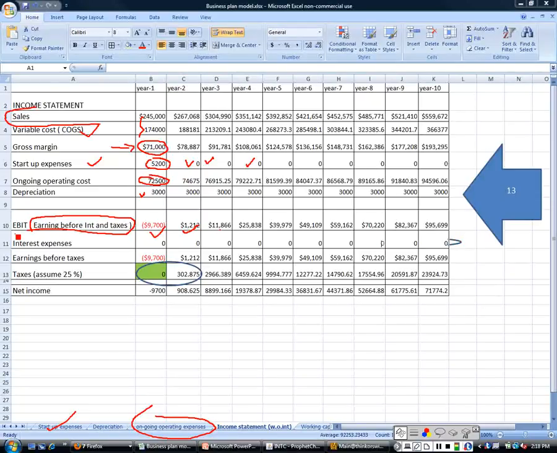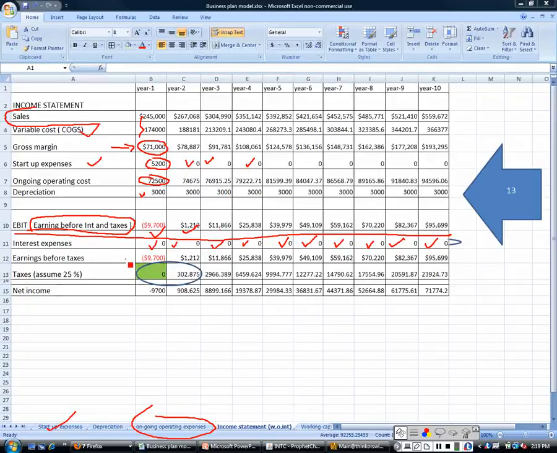Now, so far, we have drawn this number, and right now I have 0 for interest, because we haven't decided yet in the journey how much money I will borrow. So this is more like a starting point for the income statement. So what I want to do is assume the interest is not there, which means I'm not borrowing any money, and see what my income statement would look like.